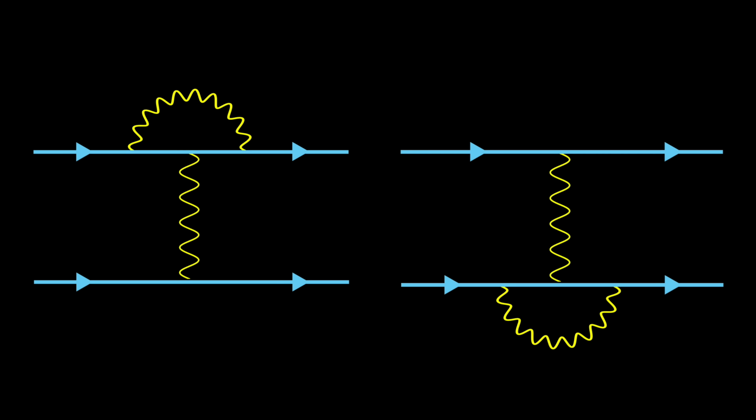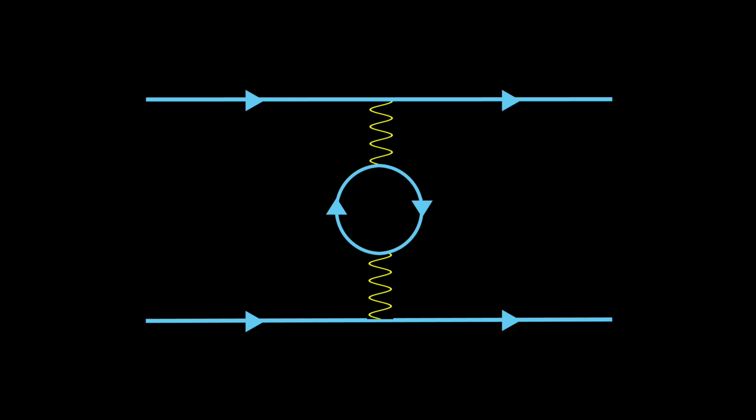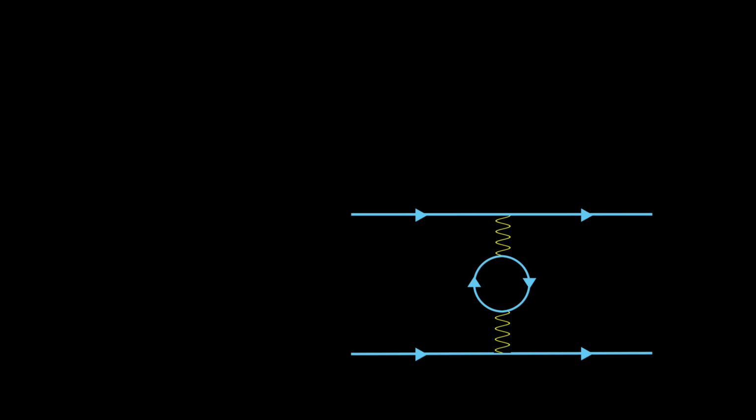In these examples, we see a photon straddles the vertex. And then finally, there are diagrams in which a photon emitted by one electron temporarily converts into a charged particle-antiparticle pair. The pair then annihilates, producing another photon that is absorbed by the second electron.